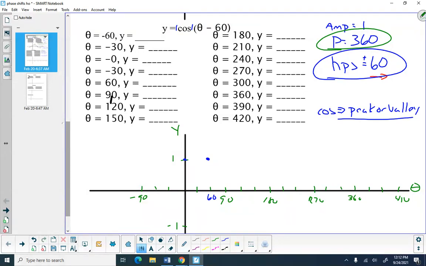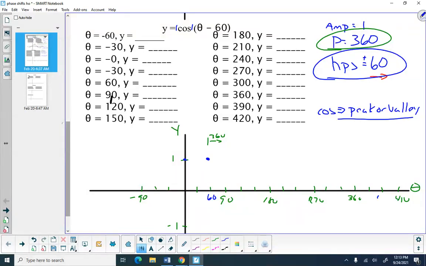So if I start at 60 with my graph being a peak, I need to go 360 degrees from this 60 degrees to find my next peak for my cosine. So if I start at 60 and I go 360 degrees to the right, what degree measure would we be at?